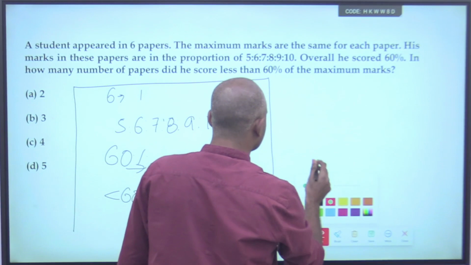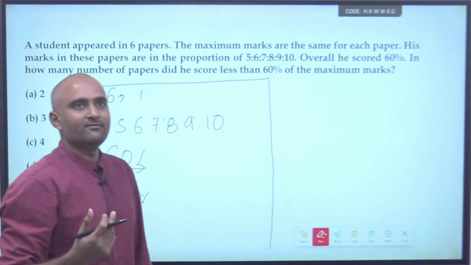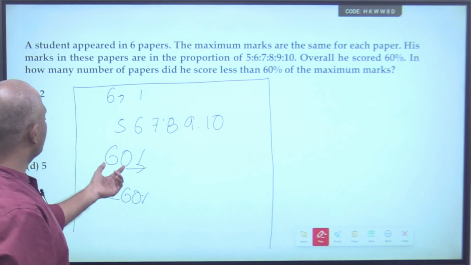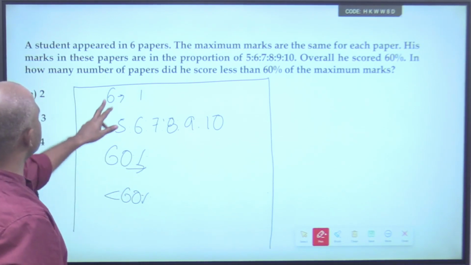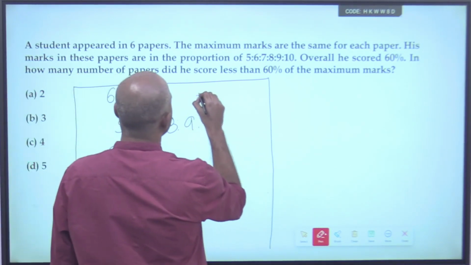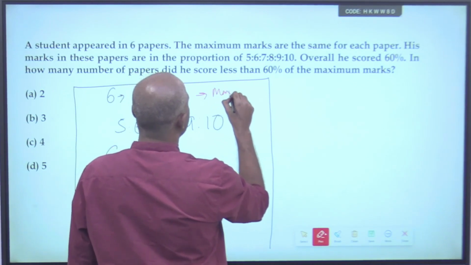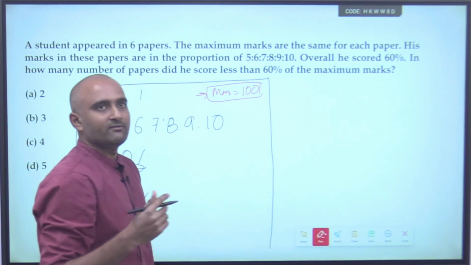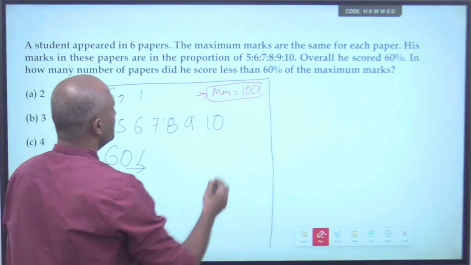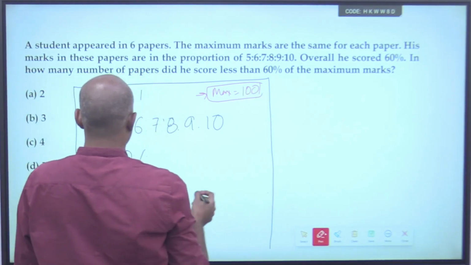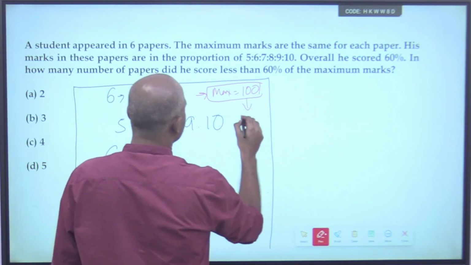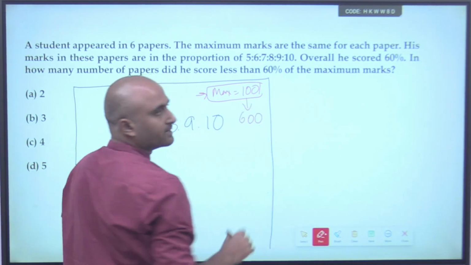Now, in the conventional way, like how others do, first we need to find out what this 60% is. With 6 papers, I am assuming the maximum marks are 100 in each paper. So, my total marks will be 600.